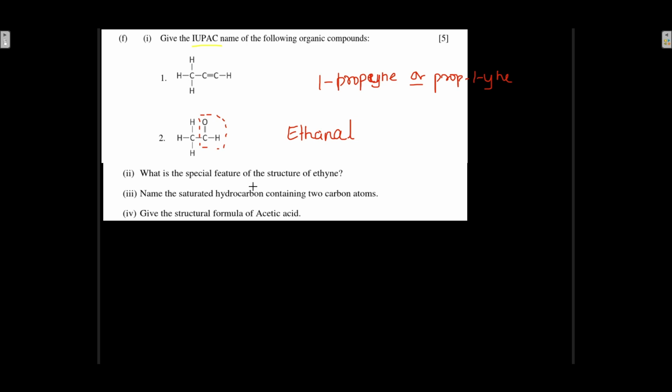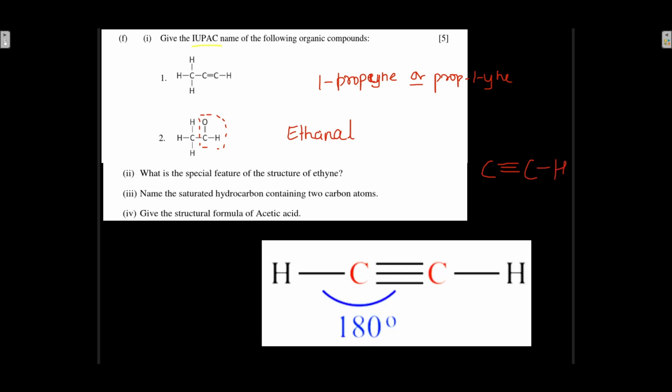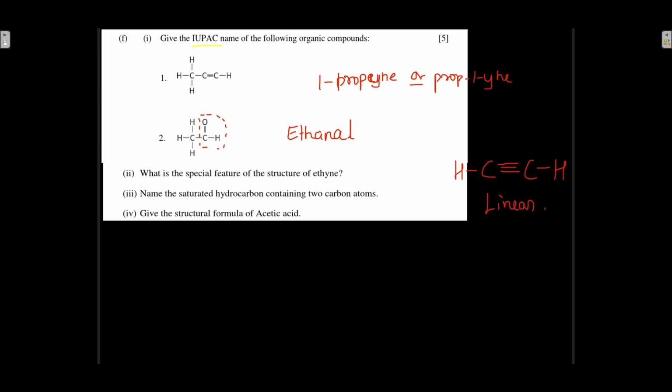What is the special feature of the structure of ethyne? If you write the structure of ethyne, it is C triple bond C. The special feature you can write is that this is a linear molecule. It has a bond angle of 180 degrees.